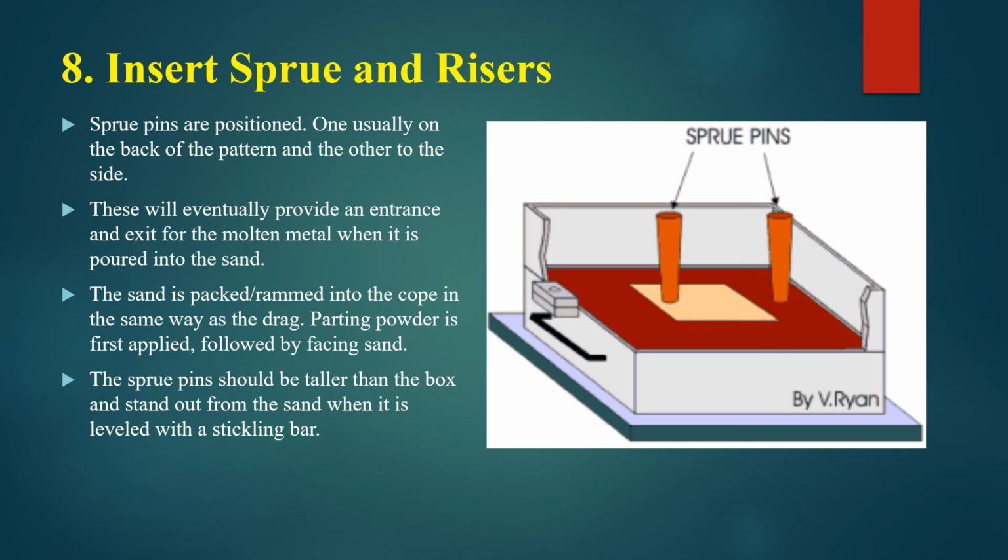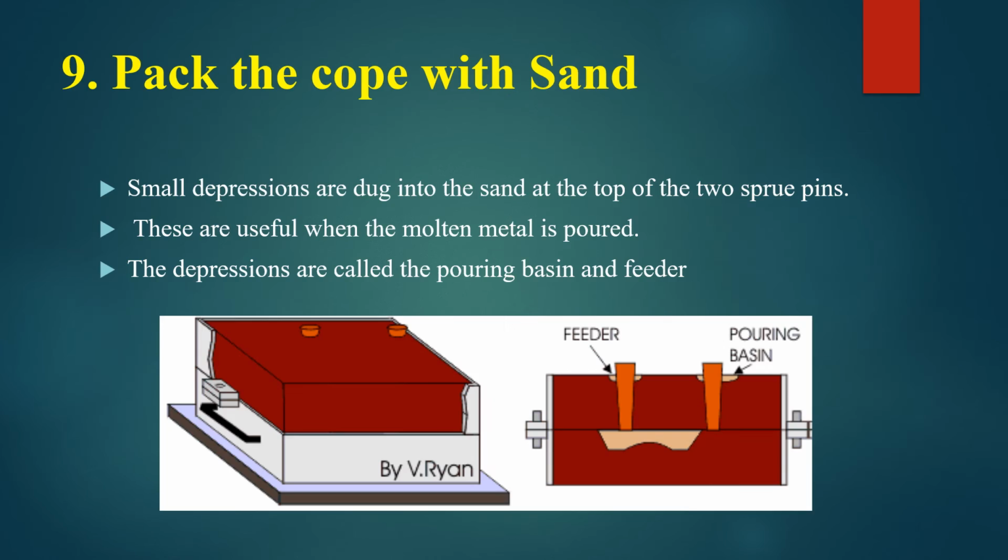The sprue pins should be taller than the boxes and stand out from the sand when it is leveled with the stickling bar. Now pack the cope with sand. Small depressions are dug into the sand at the top of the two sprue pins. These are useful when the molten metal is poured. The depressions are called the pouring basin and feeder.